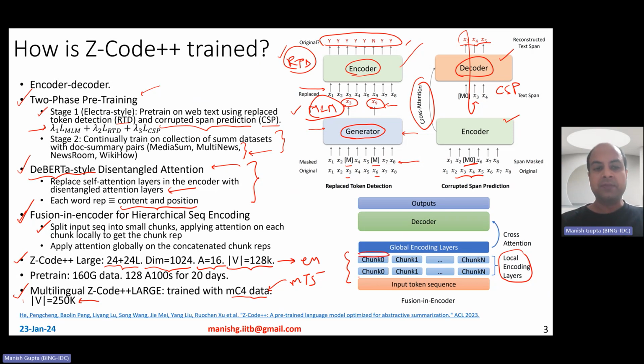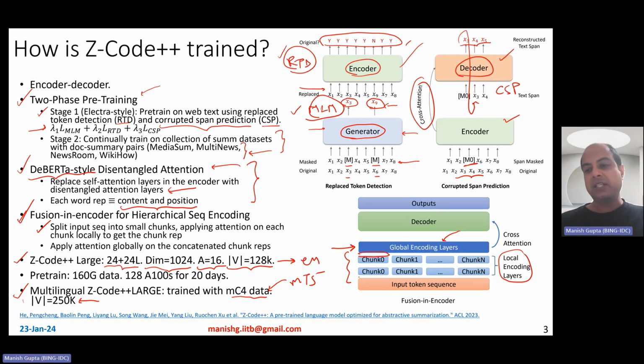each of those chunks, you pool them and essentially give them as input to global encoding layers, and then apply the typical encoder, the global encoding layers, which do the attention on those chunks only. Okay.